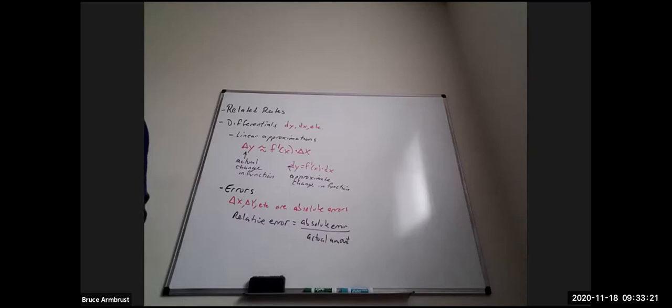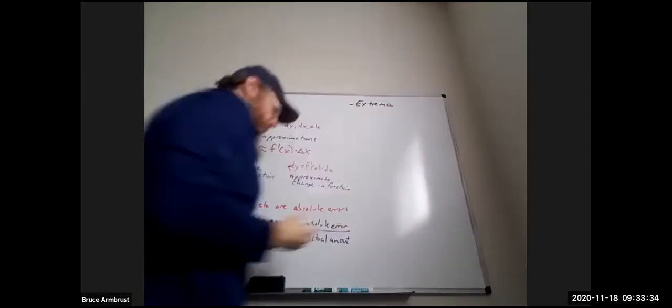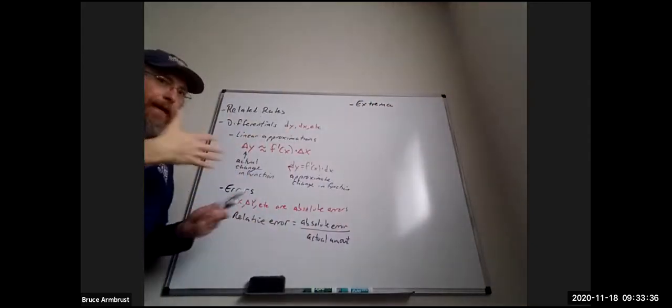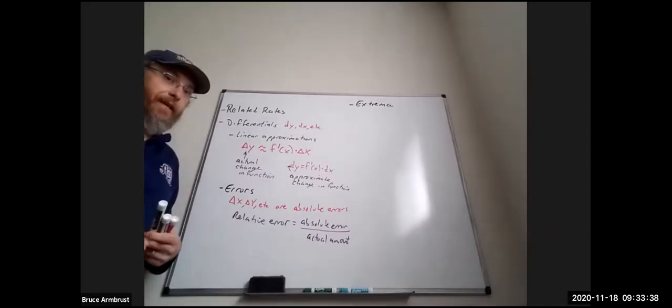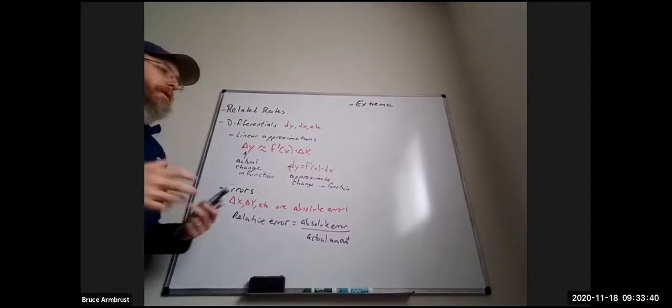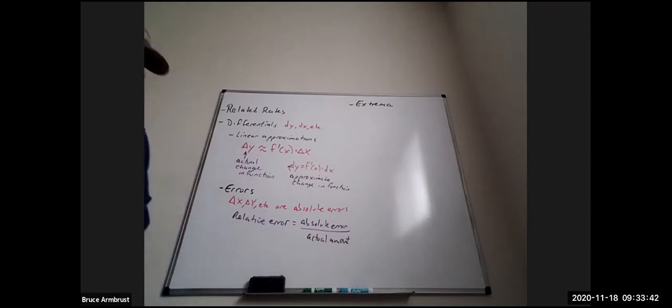Okay, so the next section, so that was 4.2. 4.3 was all about increasing and decreasing, and extrema. So the next thing we hit on were extrema. Now I'm going to combine this into a couple of sections.